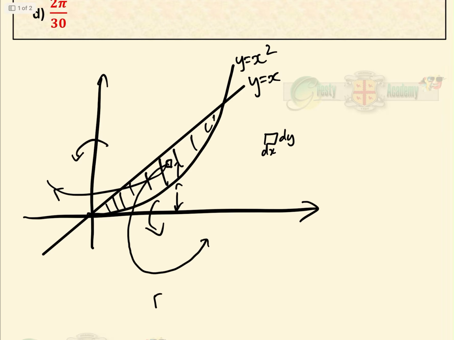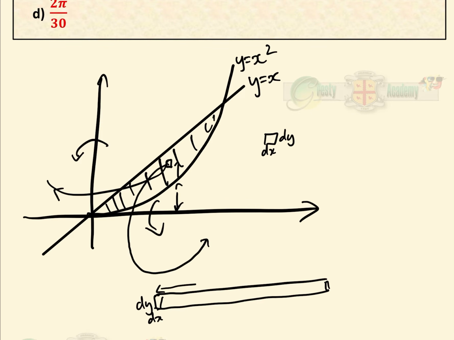Basically we have a nice little cuboid here, which will be dx by dy, and this distance here will be 2 pi r. What we then do is sum up all of these tiny little cuboids across the region about which we are integrating, and that will give us the volume of the solid of revolution.